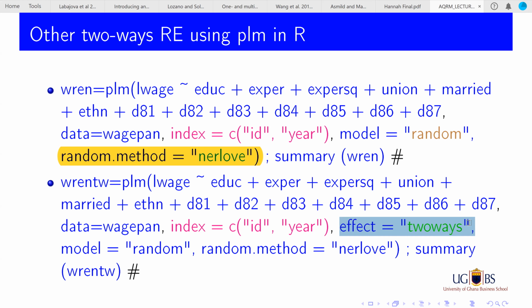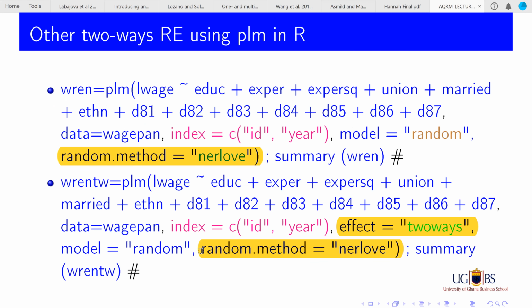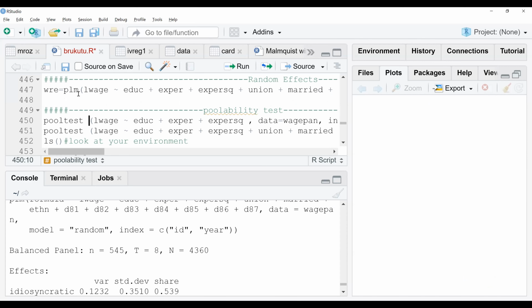You can include that and still use your Nerlove transformation and run that, depending on which one you want to use. I would encourage you as higher-level students to go and read which one makes sense for what, instead of me telling you everything. So I'm going to run this last one, even though you can do all the rest.